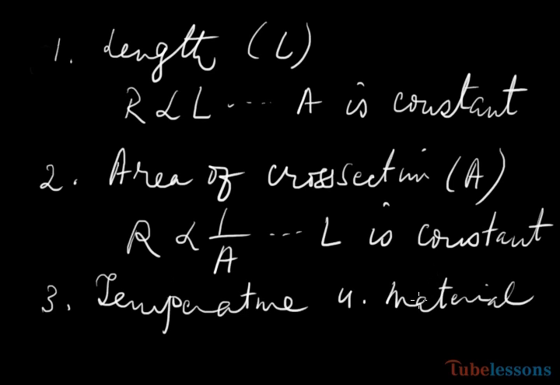And with the change of material, resistance also changes, because one of the property of the conductor, material of the conductor, is resistivity, and resistivity of some conductor is greater and resistivity of some conductor is less. More the resistivity, less will be the conductivity, and less the resistivity, more will be the conductivity. So it depends on material of the conductor.